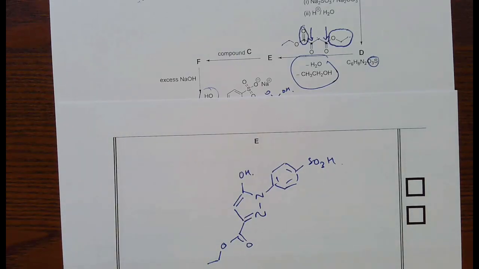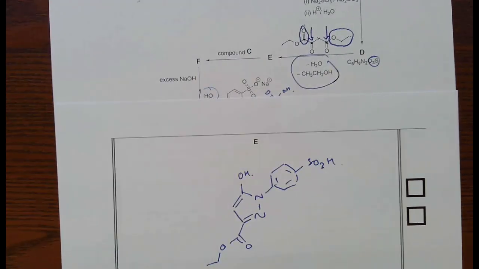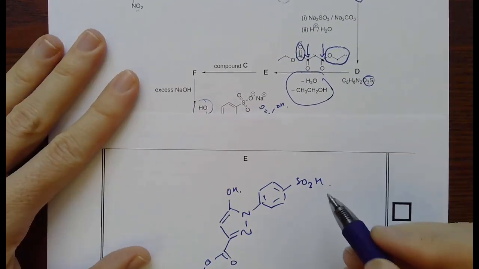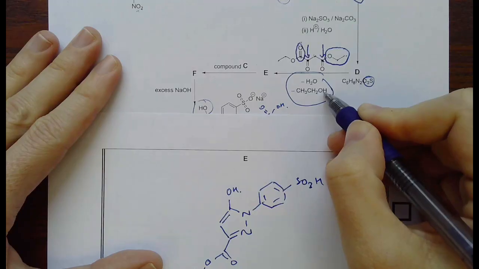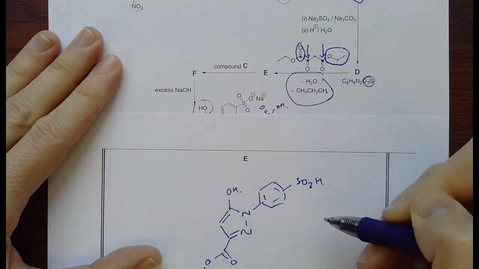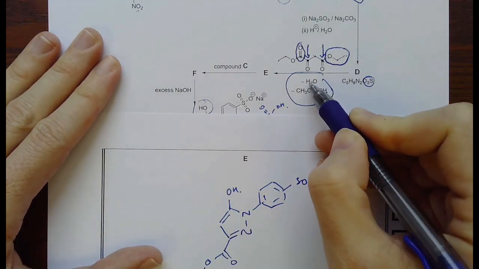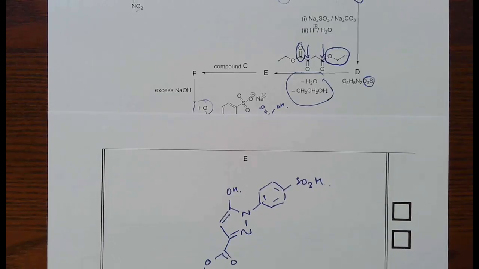I had 3 hydrogens here. One of those hydrogens is going to go onto the ethanol when this oxygen comes off. One of them is going to go onto there, which means in order to lose the water, I need to lose another hydrogen from somewhere else.